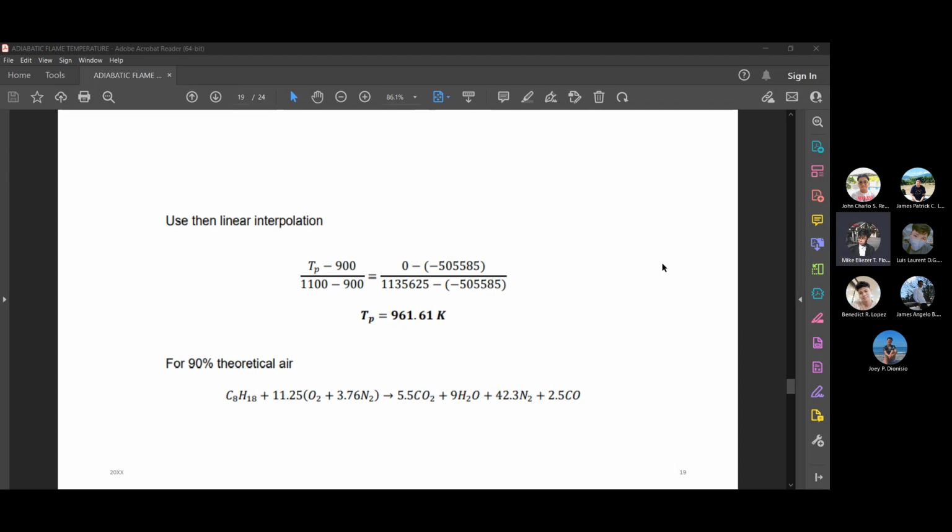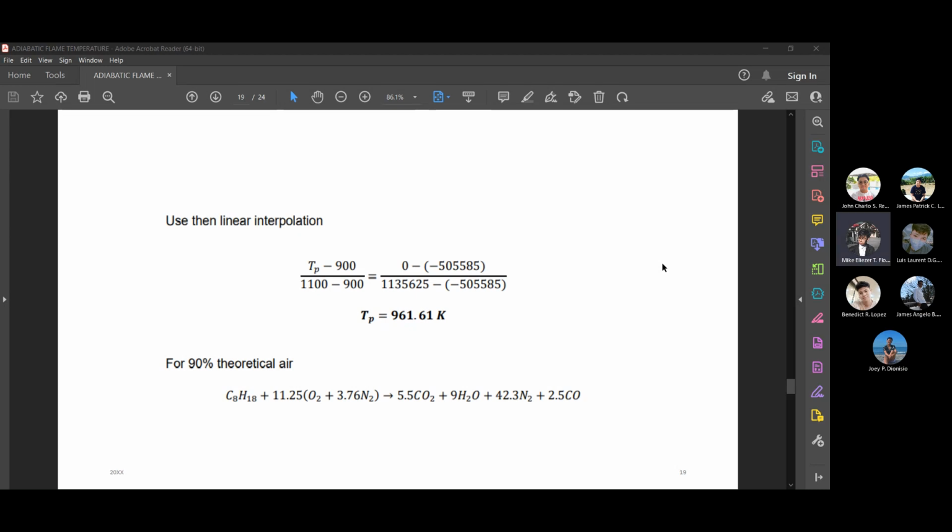Then, using linear interpolation again to solve, we have the temperature of the product minus 900 divided by 1100 minus 900 equals 0 minus negative 505,585, divided by 1,135,625 minus negative 505,585.